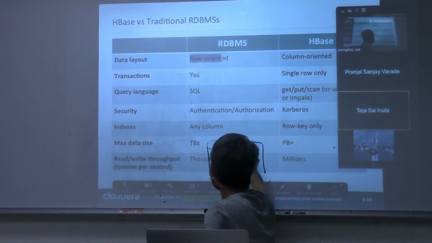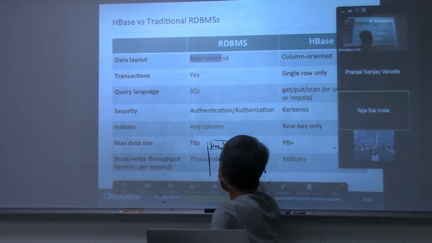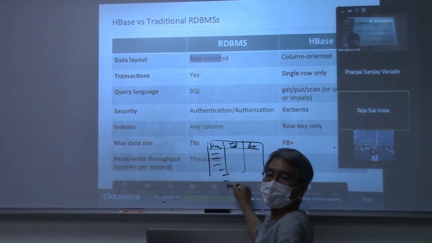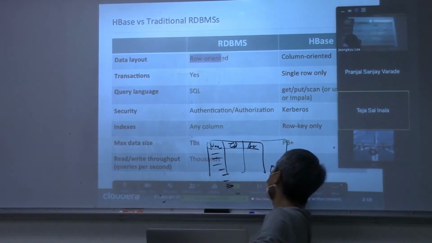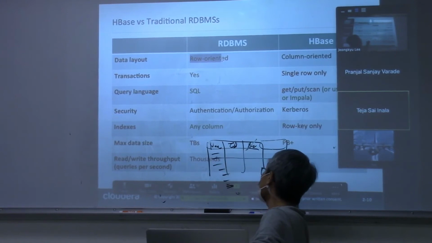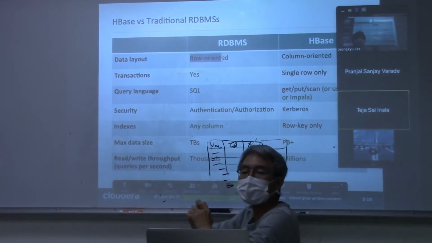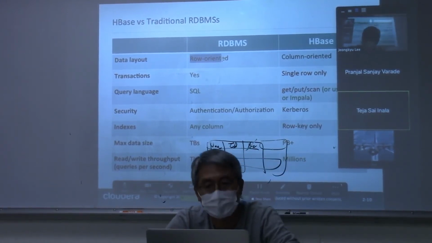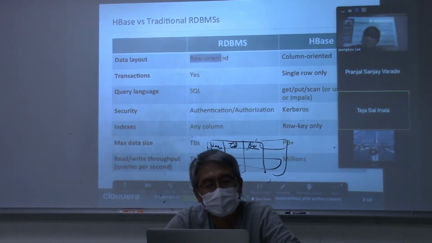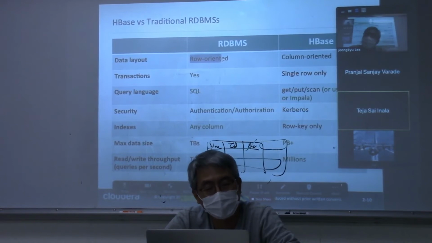Once you design the column names, ID, address, and data, then new data follows that. But in HBase, if you want, you can add your column and delete the column based on the data. So this is called a column-oriented, column-based database. Actually, the relational database is not only row-oriented. We will discuss it next week regarding the relational database.